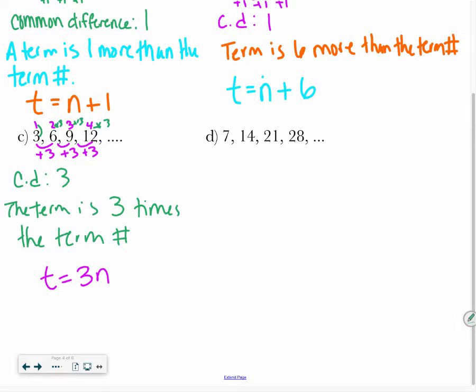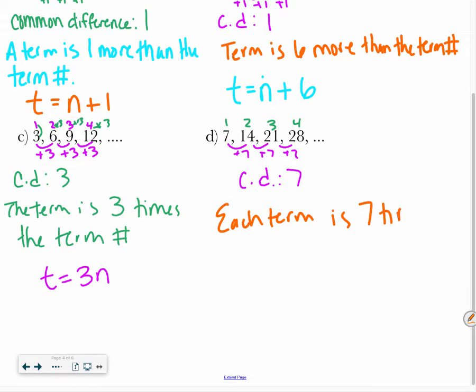We have 7, 14, 21, 28. Hopefully you see how these numbers are related. It's similar to our last one. We have a common difference of 7 each time. And we know each term is 7 times the term number.